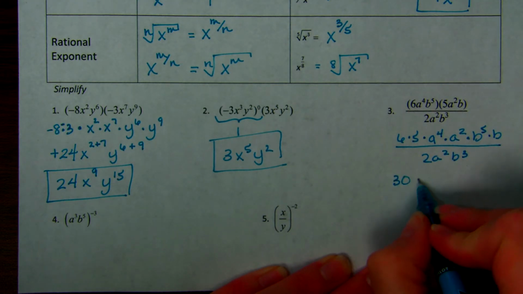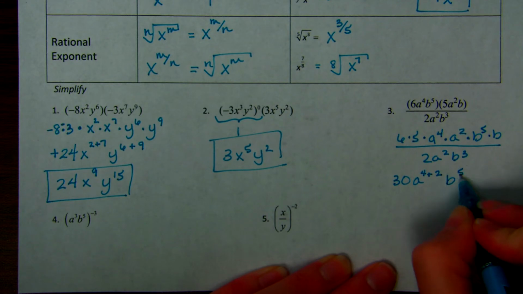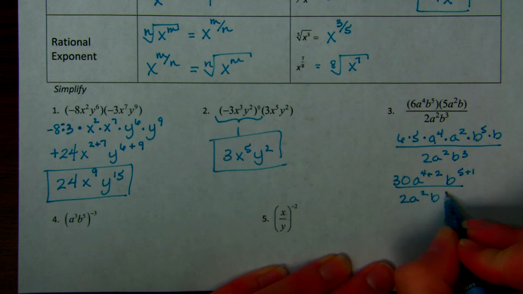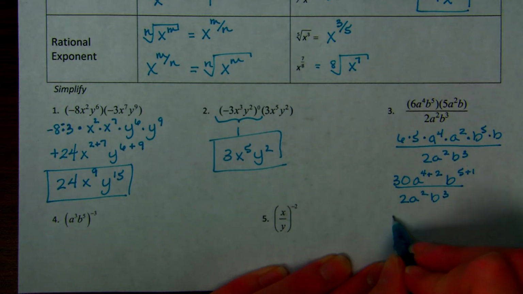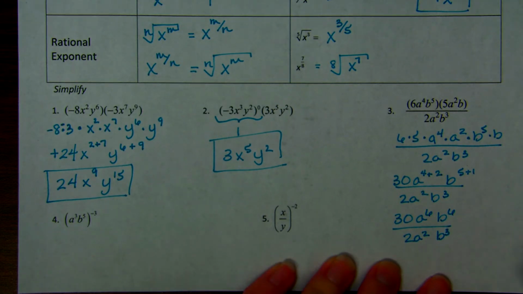So that's 30 a to the 4 plus 2, b to the 5 plus 1, over 2a squared b to the 3rd. That's 30a to the 6th b to the 6th over 2a squared b to the 3rd.